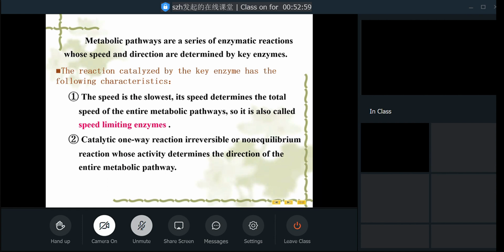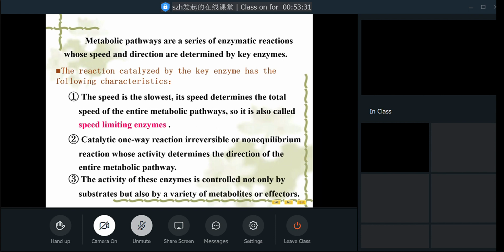Enzymes having these characteristics in a metabolic pathway are the key enzymes. For example, glucokinase and 6-phosphofructokinase 1 are the key enzymes in glycolysis.